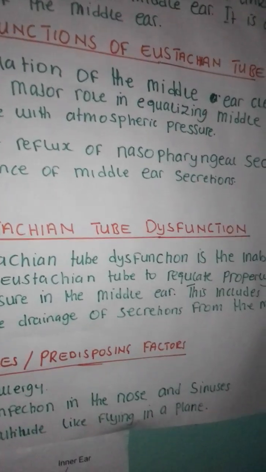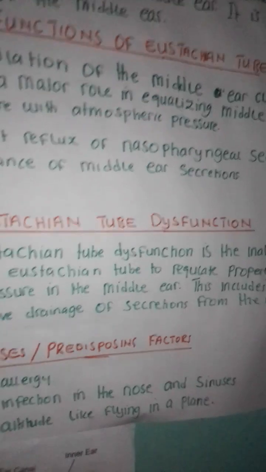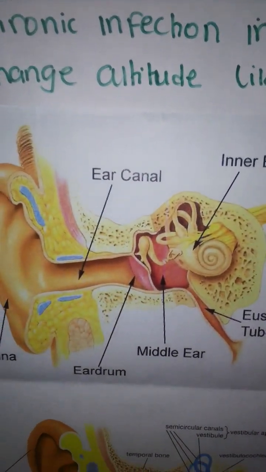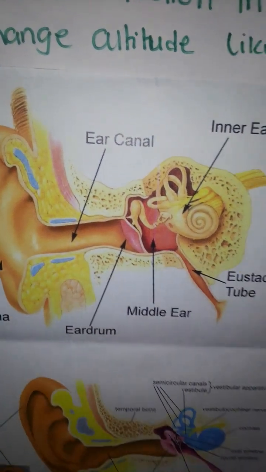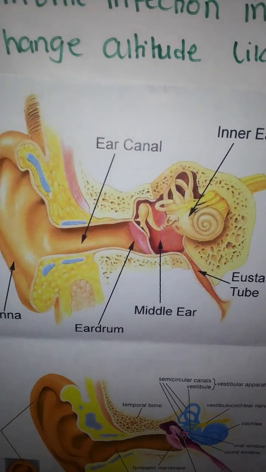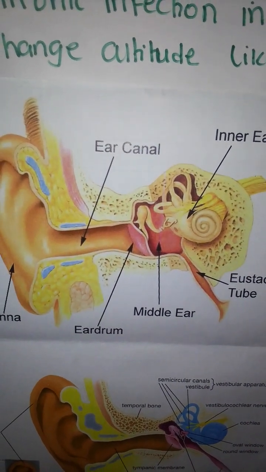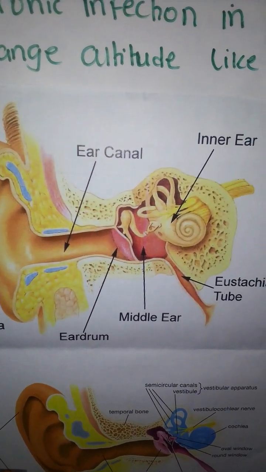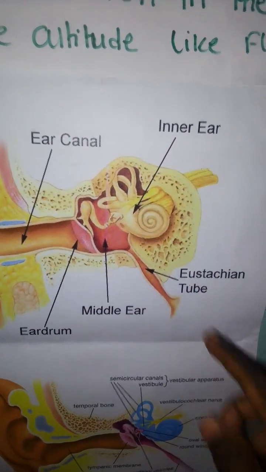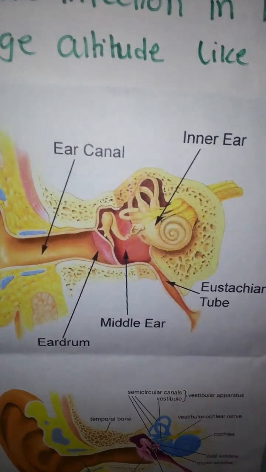Now let's look at the diagram of the ear. This is the diagram, showing the ear canal, the eardrum, the middle ear, and the Eustachian tube here.